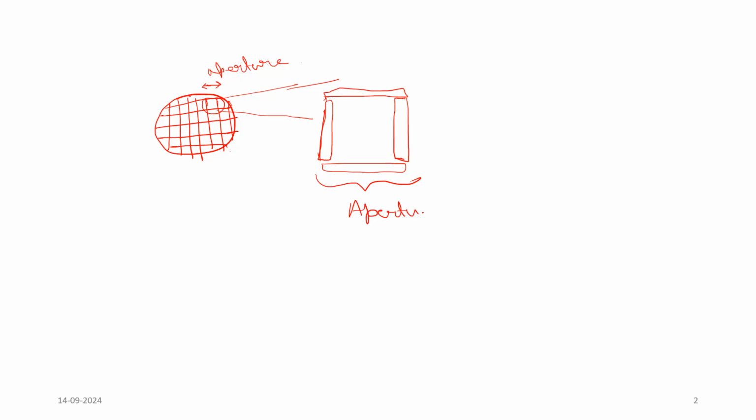If we focus on one mesh, it will look like this. This is a cylindrical kind of thing and there is this opening. The whole distance is called the aperture, and this medium portion is called the mesh.